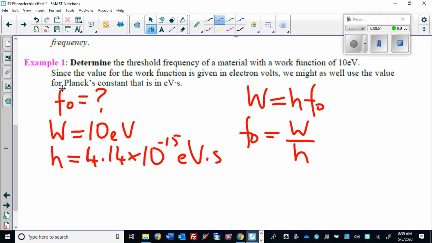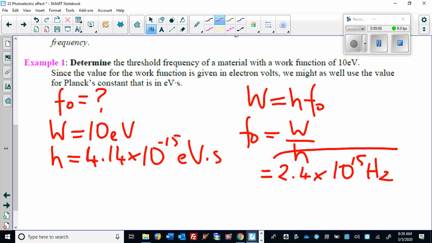I don't think we need to go through that. It's just 10 divided by 4.14 times 10 to the negative 15 electron volt seconds, and you end up with an answer of 2.4 times 10 to the 15 hertz. So that is the minimum frequency that will knock electrons off this given material.